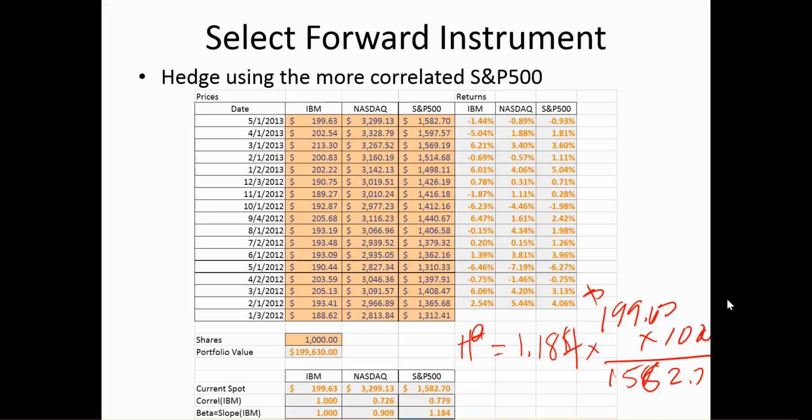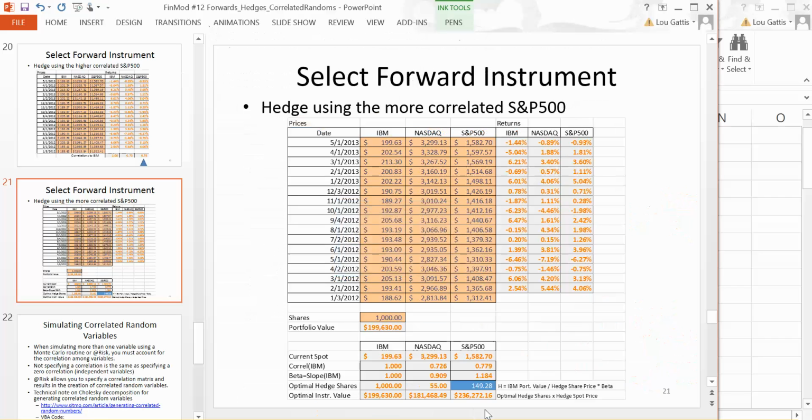So my optimal hedge ratio, H, is equal to beta times the spot price of IBM times the quantity of IBM over the spot price of my hedge asset. That turns out to be 149 contracts. So I hedge my exposure to IBM by entering into a contract to sell 149 S&P 500 portfolios. I'll reduce my risk to IBM's price changes by 78%, the correlation.